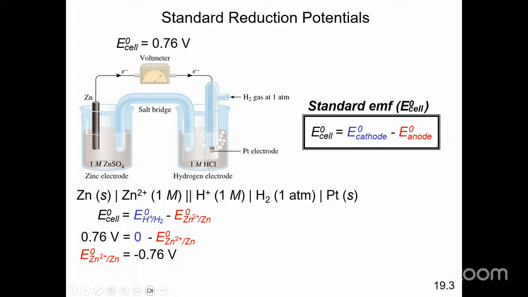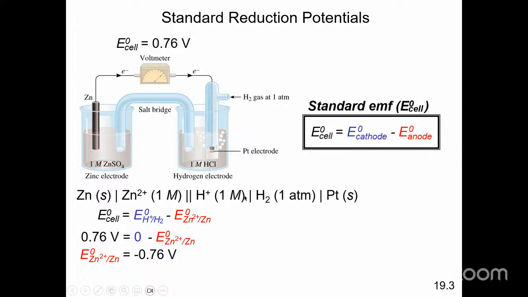So basically what this is saying is that the potential of the zinc electrode is minus 0.76 relative to the hydrogen electrode, all right? So that's how we get the standard EMF value, or I should use the actual term, standard reduction potential is, for the zinc electrode, minus 0.76 volts, all right?